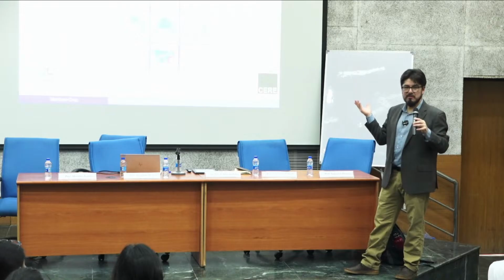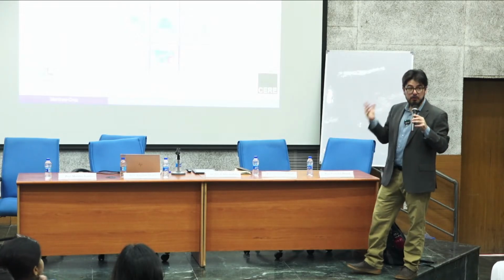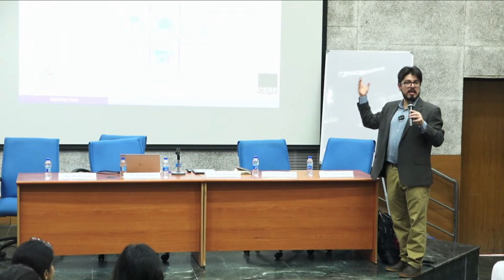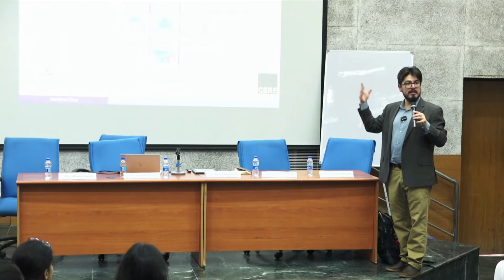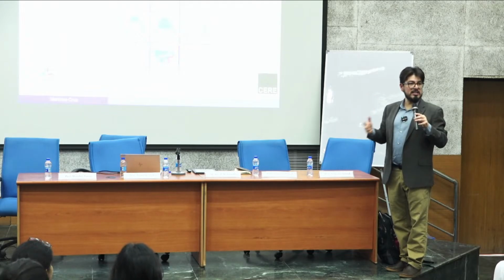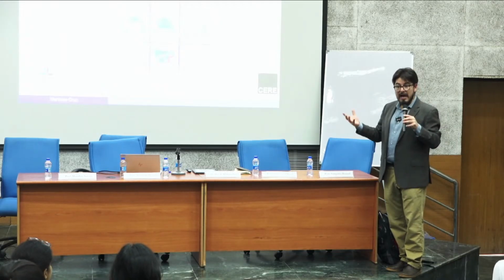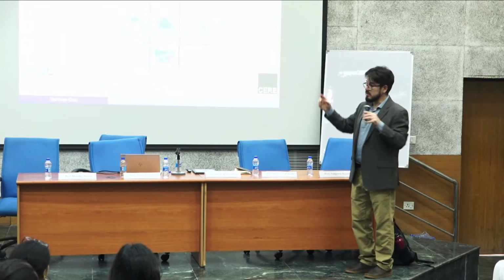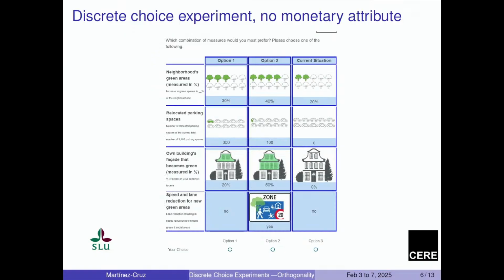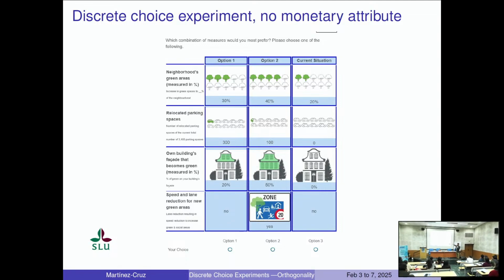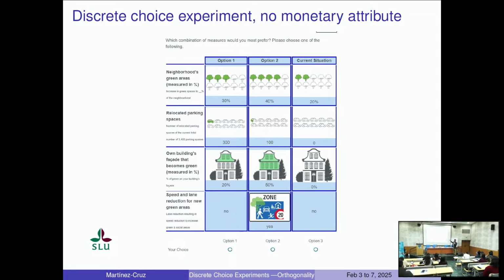where I grew up? Well, the cool thing when they approached me was, they said, there is this neighbor association who already came out with 3 potential measures to increase the green in a context where there is no land to increase the green. But they have been discussing, and they think that some people will be willing to reallocate parking spaces so that instead of parking cars, you will put trees.